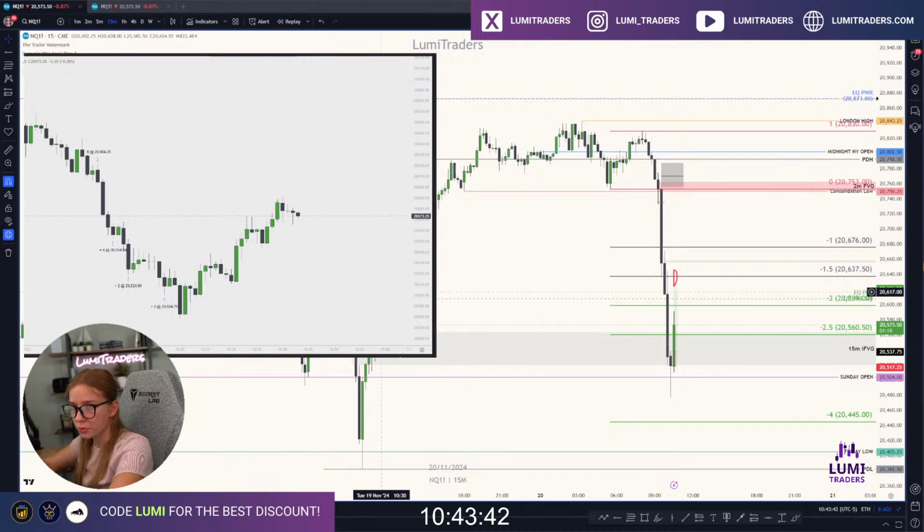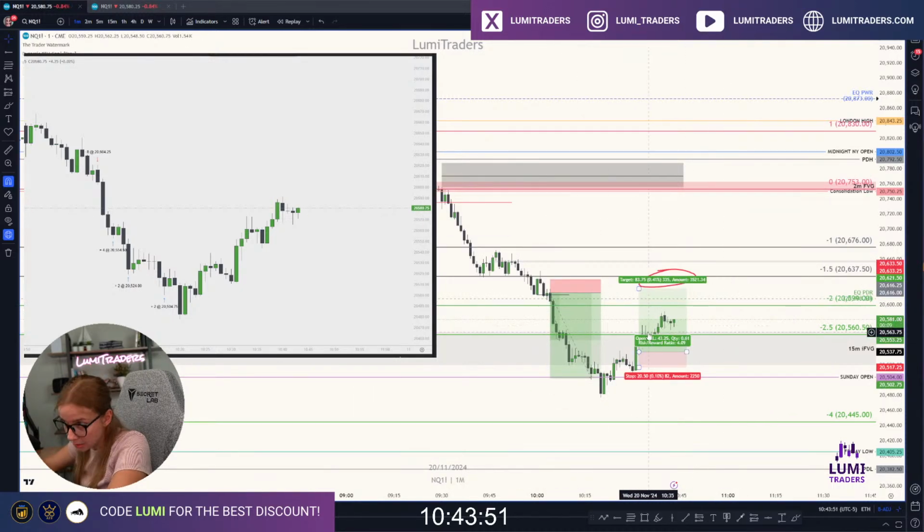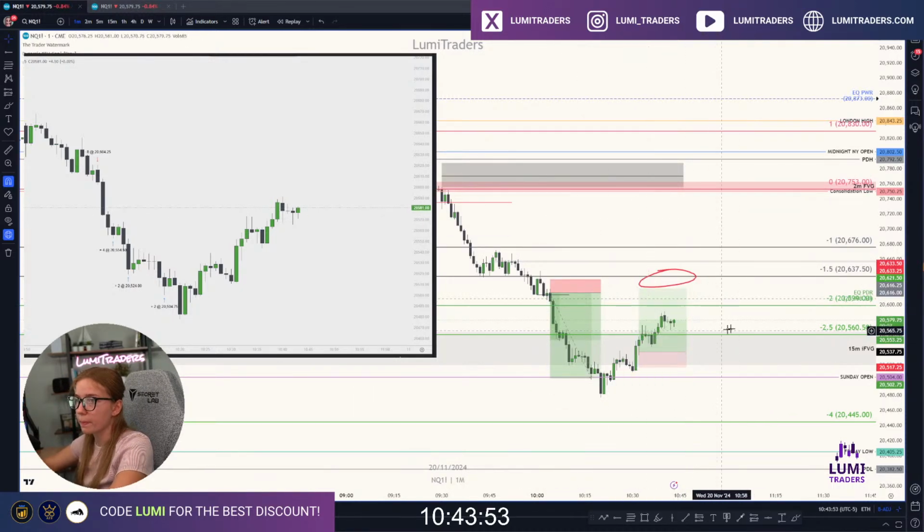Or for example, retracement to this inversion, also possible. So, you're right, we don't have any confirmation for a reversal, but we can anticipate potential retracement.